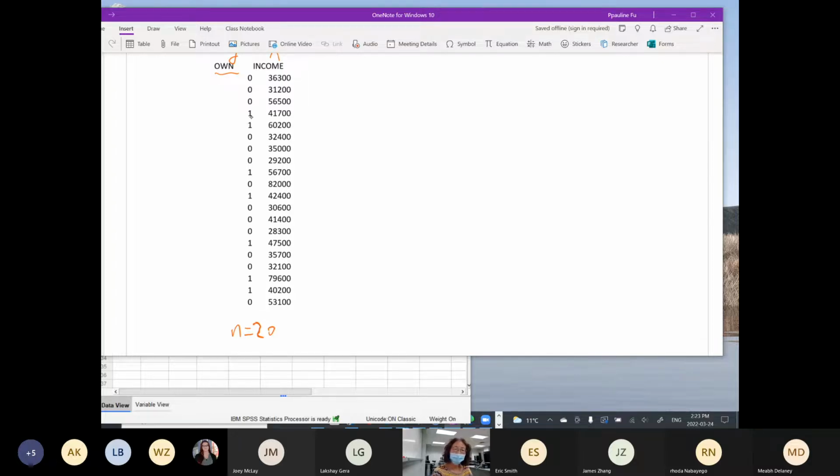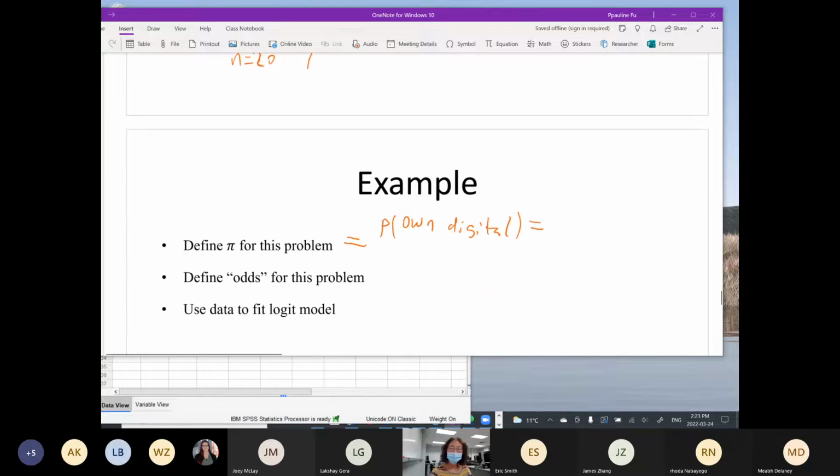You count how many 1s. There are 7 people. So 20 minus 7, 13 people do not own. 7 people own, 13 people do not own. Oh, that is the odds, sorry.